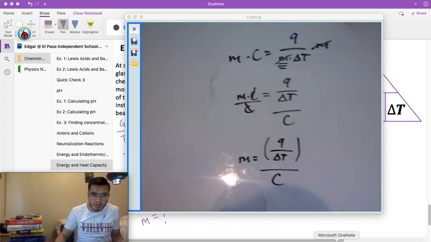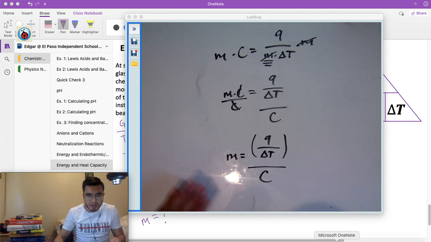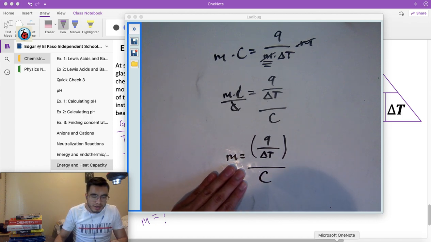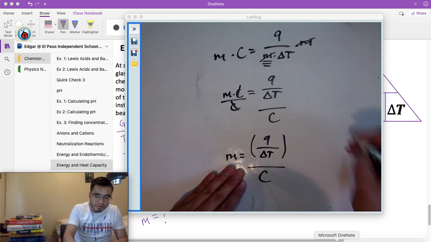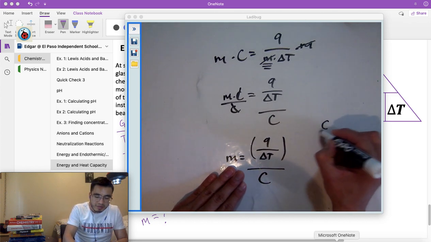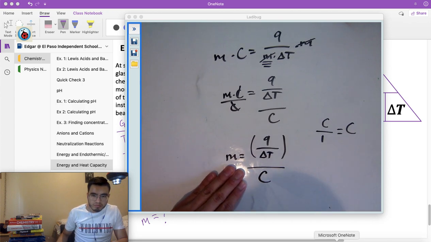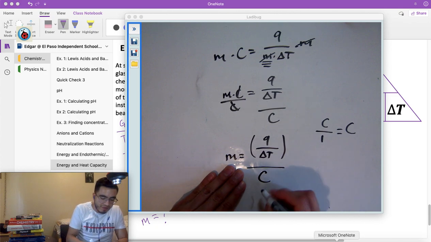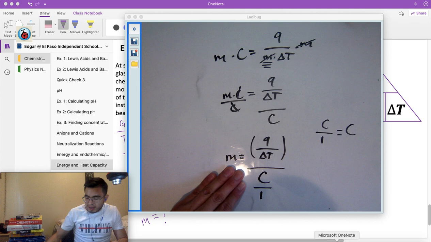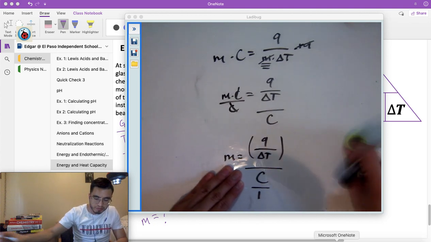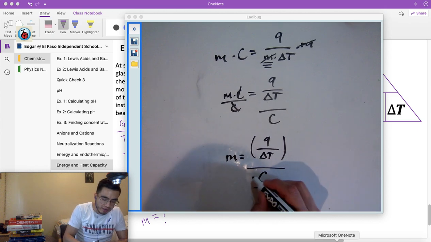How can I make C into a fraction? If I have C divided by 1, it'll give me C. It won't change anything. So I'm going to divide C by 1. And then I have two fractions.